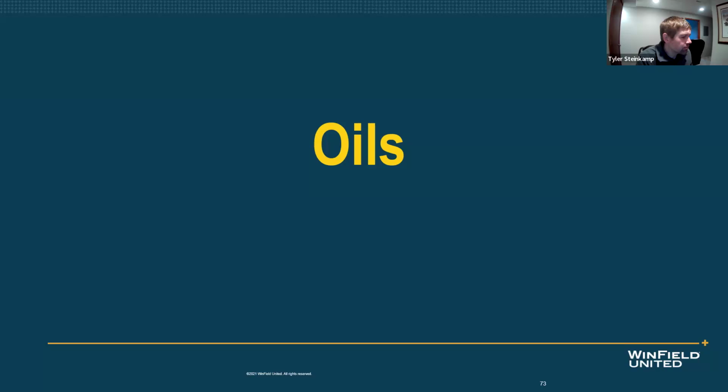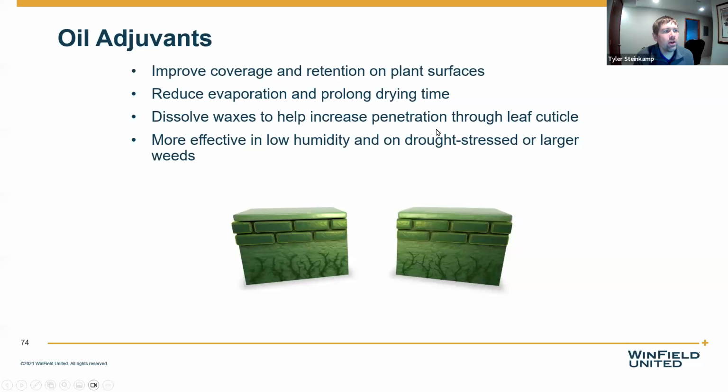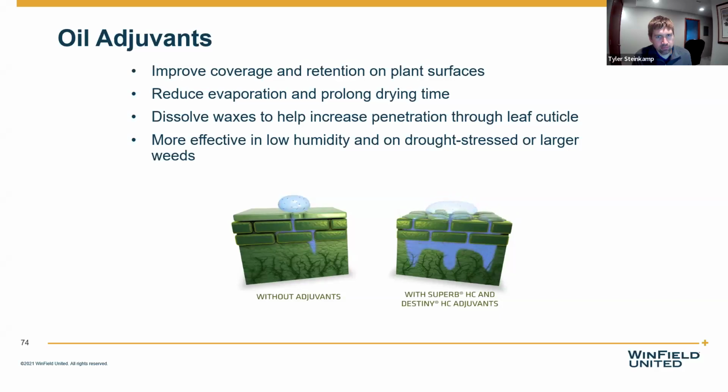Okay. And so, one of the things that we talked about last week is we went through surfactants, right? And so I get people that get a little bit confused when we're talking surfactants and oils. What's the difference? What do they do? Really, an oil is strictly in there to help melt through the waxy cuticle.